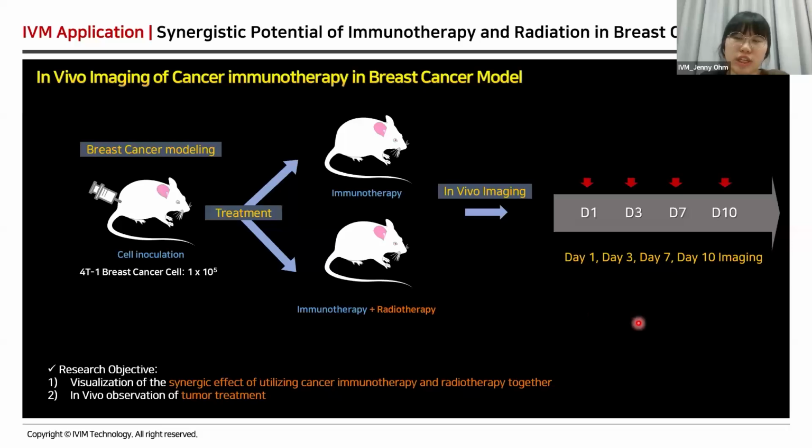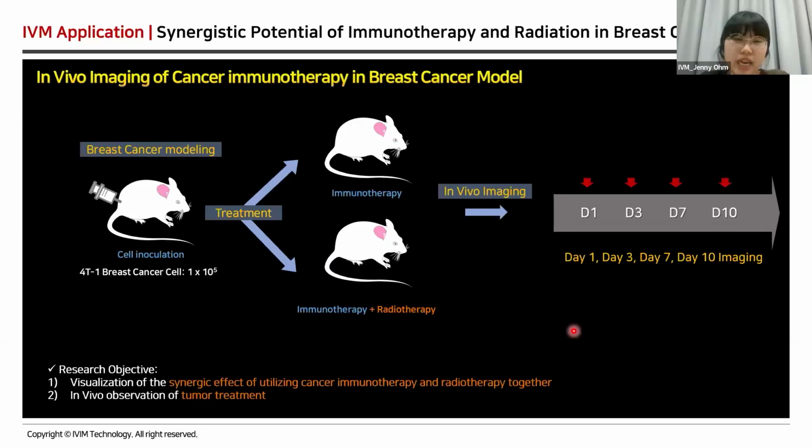Lastly, one of the key strategies to enhance treatment response in immuno-oncology research is to maximize the synergistic effects by combining immune checkpoint inhibitors with existing therapies. Radiation therapy, in particular, has garnered attention for its potential synergy with immunotherapy.